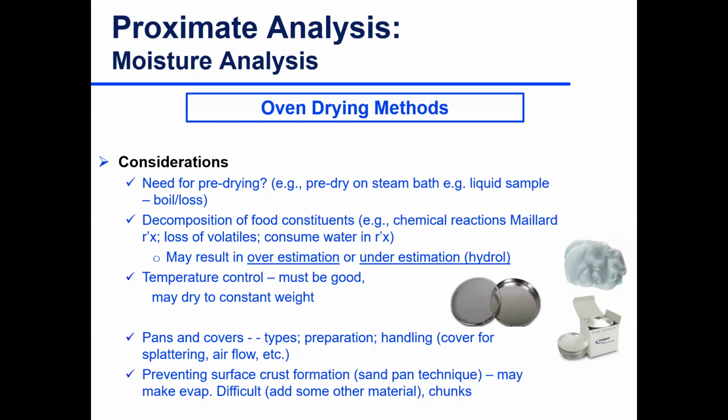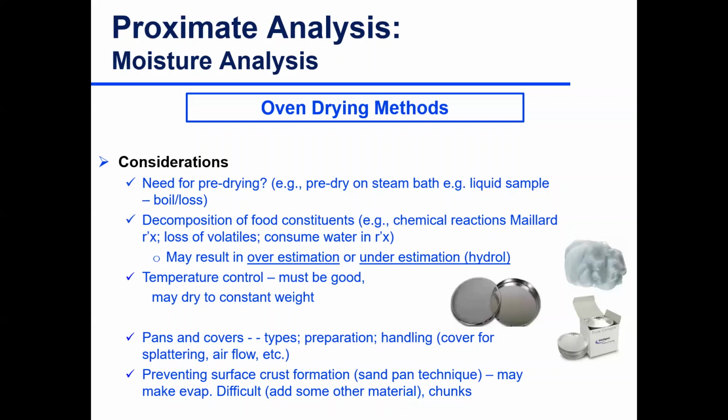Poof, right? As it heated, it would just boil all over. Even if it's not under a vacuum, it may well be boiling over inside. So in some cases, particularly high moisture products, you're actually going to pre-dry it. Then you might put it on a steam bath until it gets rid of most of the moisture, and then you take it off the steam bath and put it into a dry oven. So some products may need pre-drying.